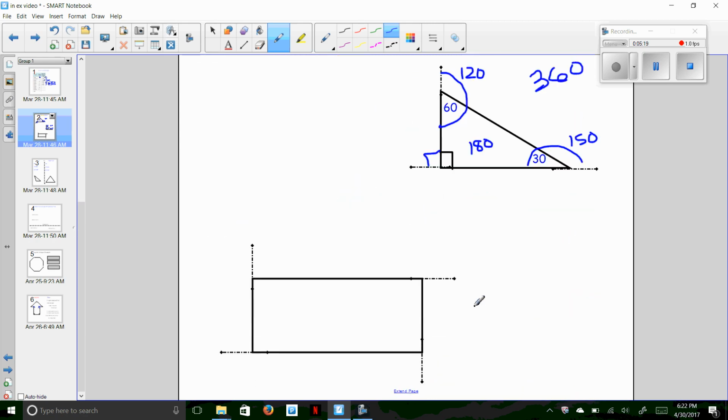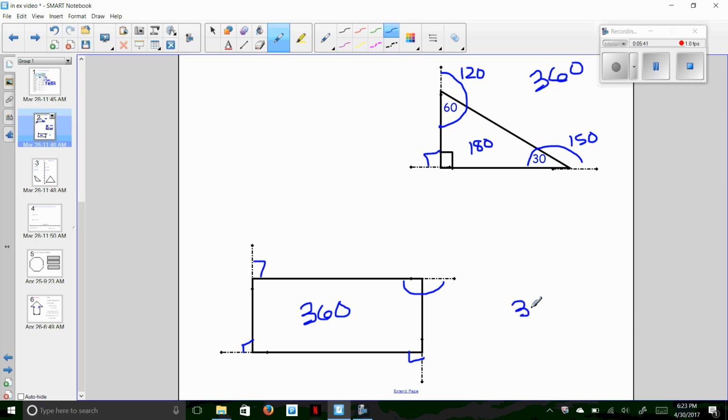A rectangle with all 90 degrees means it has all 90 degrees on the outside angles. So the four-sided shape has 360 inside and 90 plus 90 plus 90 plus 90 on the outside.